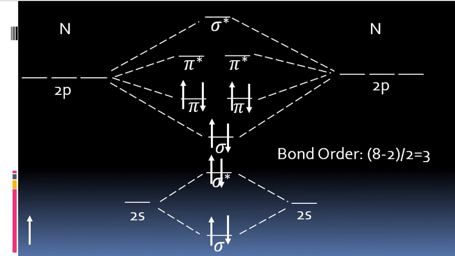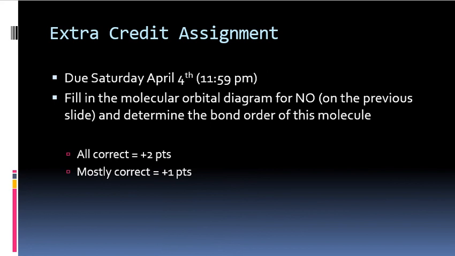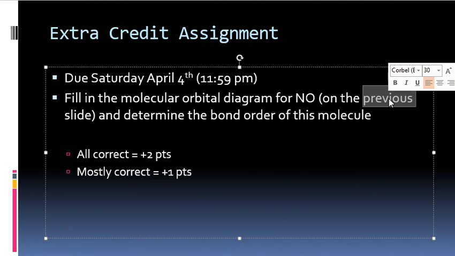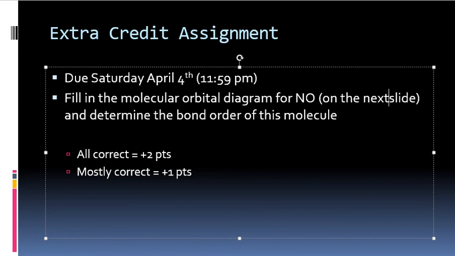So this week, for extra credit, which will be due the end of day Saturday, April 4th, I want you to fill the molecular orbital diagram for NO, nitrogen bound to oxygen. And that's actually going to be on the next slide.